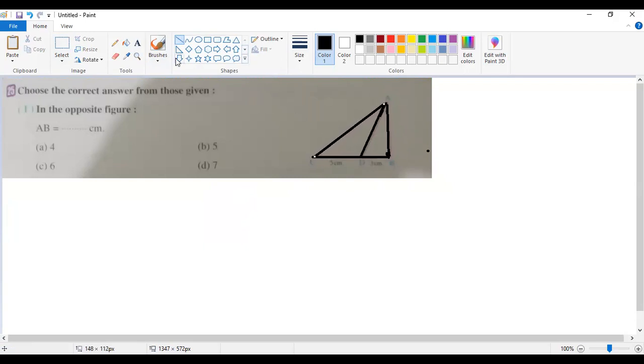The length of this side is given as 3, and this side 5, and this is a bisector. And I want to find the length of AB. This angle is right. How can we find the length of AB?